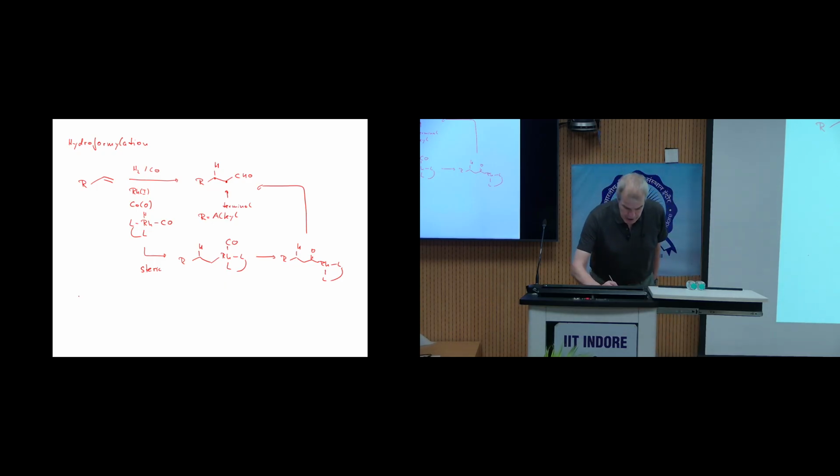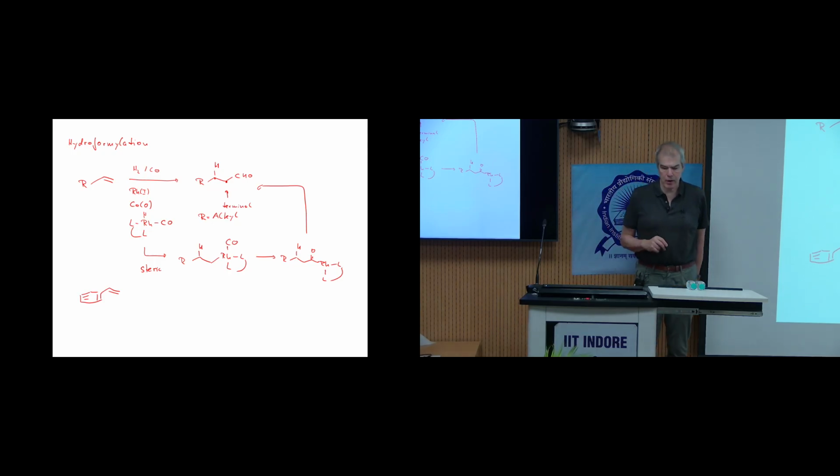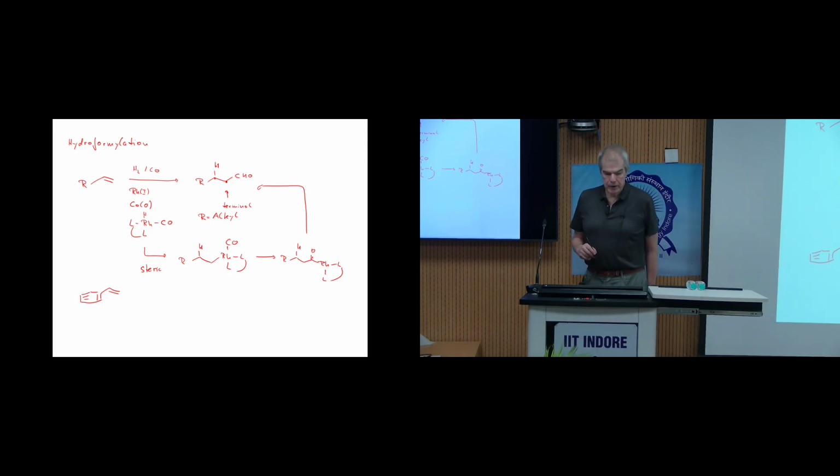The situation changes. This is the one class of alkenes you should remember. There are a few more which give the branched products, but especially styrenes give you the branched product. And the reason for this, so let me just point out what it gives you.